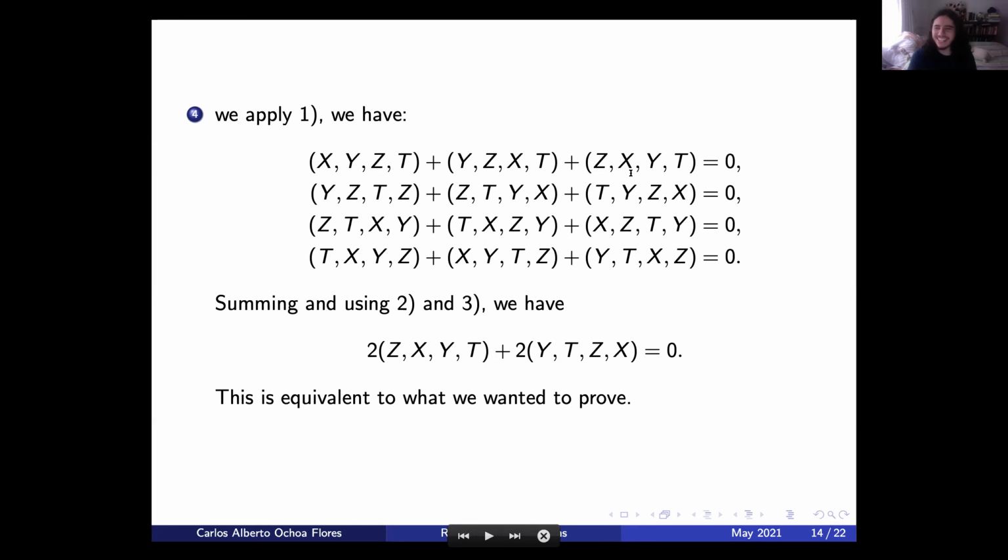Oh, yeah, I see that. That's what I should have done. Yeah, this one and this one are the same, and this one and this one are the same. Because here I only exchange this one and this one, and this one and this one, and then I obtain a sign. And this one, I permute this one, and I permute this one, and I arrive at this with a positive sign.